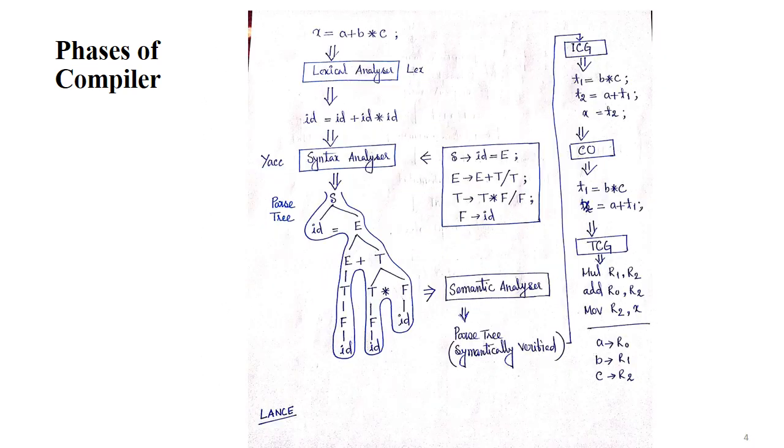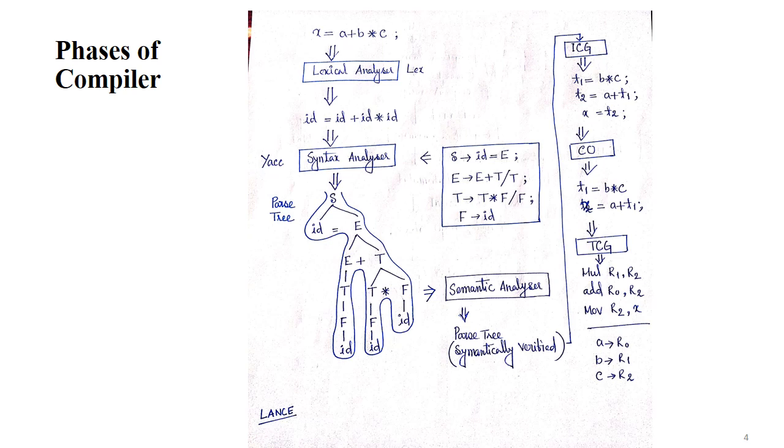Now in this slide we will see how a high-level language is converted to machine-level language with the help of a compiler. Already we have discussed that there are 6 phases of a compiler. Now we will see them in detail. In the lexical analyzer phase, high-level language is converted to a stream of tokens with the help of regular expressions, finite automata, and the symbol table.